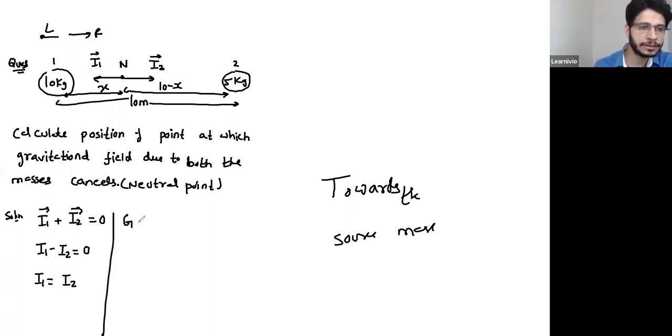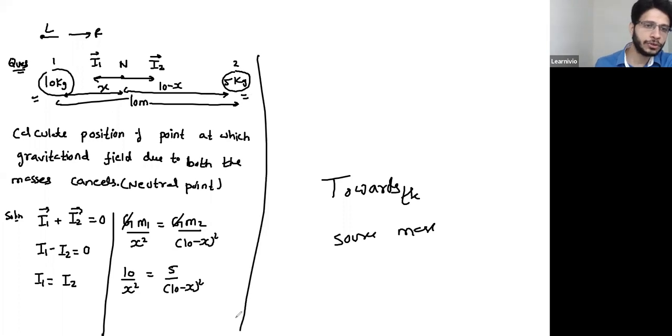This is Gm1 by x square, which is equal to Gm2 over (10 minus x) square. This G will cancel this G. You can substitute the value of m1. m1 is 10 kg, m2 is 5 kg. So it's 10 over x square is 5 over (10 minus x) square.